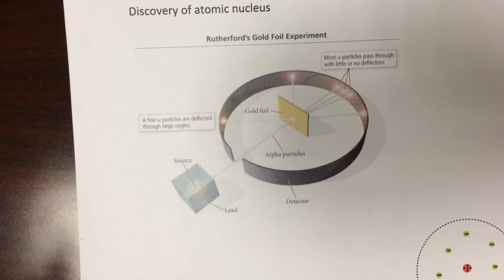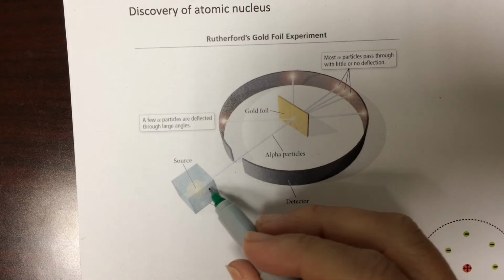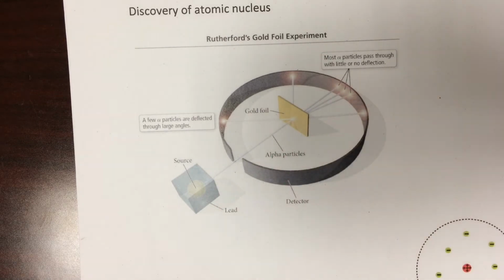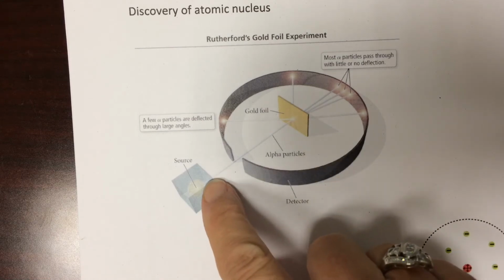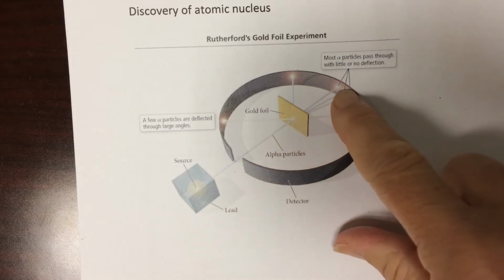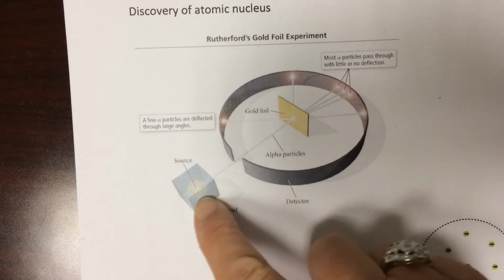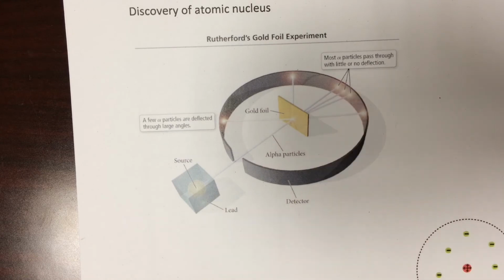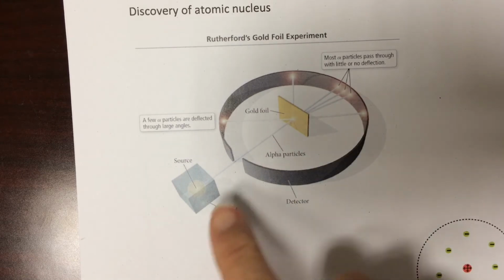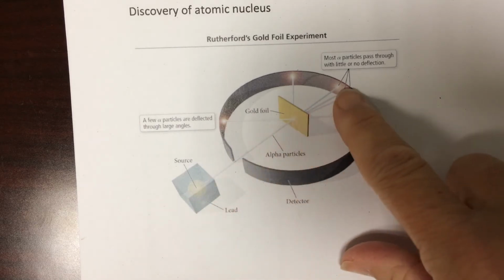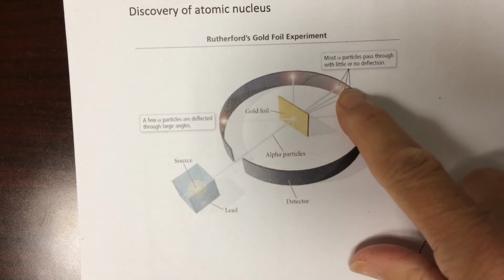Well, Rutherford was expecting that all of the particles would go straight through this cloud of positivity and hit the screen behind. So he was expecting that you would only get one flash of light here, directly behind the source. And instead, he found that most of the particles did indeed pass right through and hit the screen behind the gold foil.